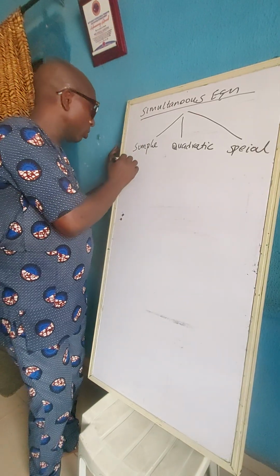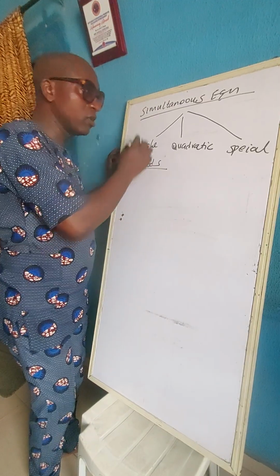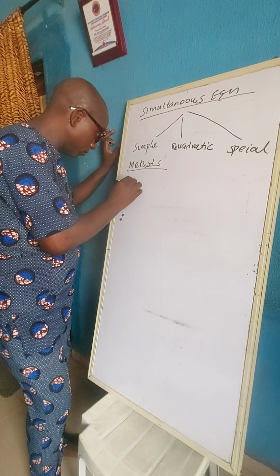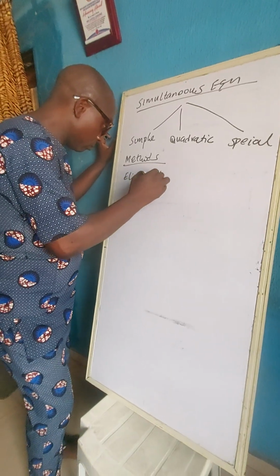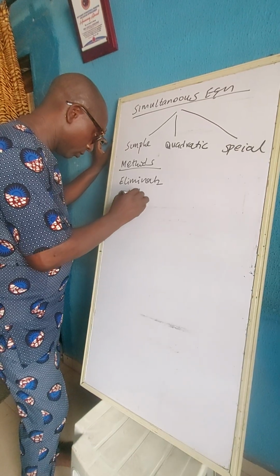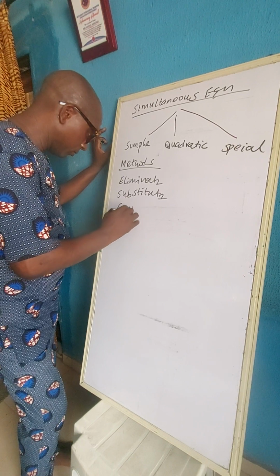Let's start with normal simultaneous equation. There are 3 methods in solving simultaneous equation. We have the elimination method, the substitution method, and the graphical method.